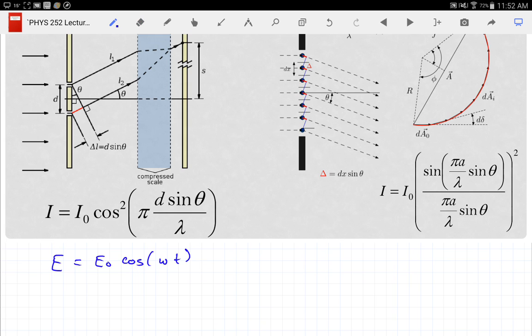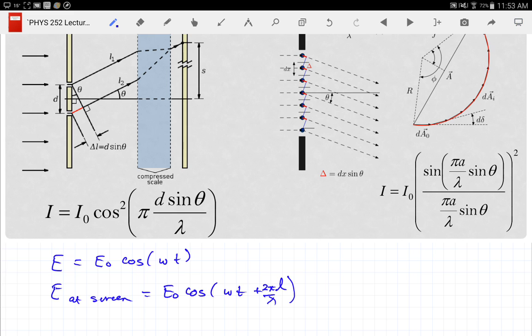And then taking that and saying, now when we get to a place on the screen, the electric field from each slit will be E0 cosine of omega t plus the phase difference that's occurred, which would be the length times 2 pi radians over the wavelength.